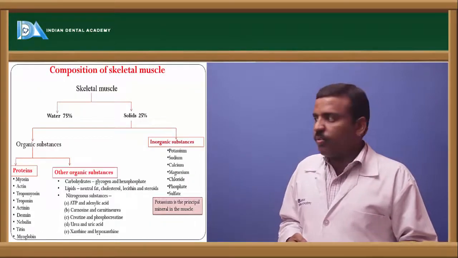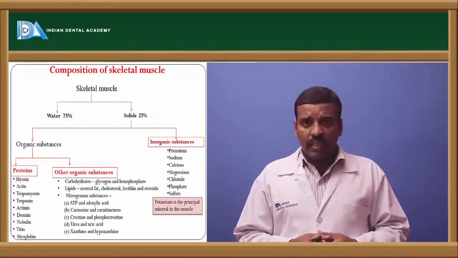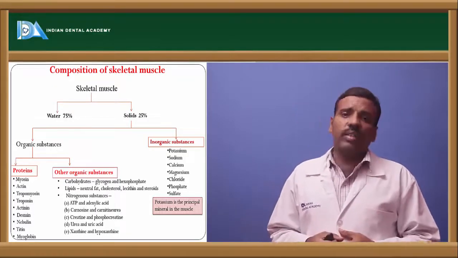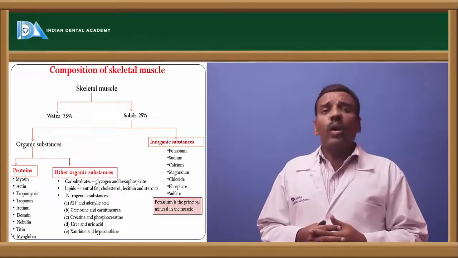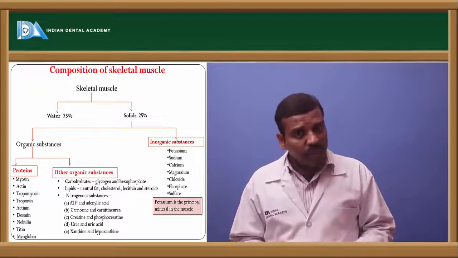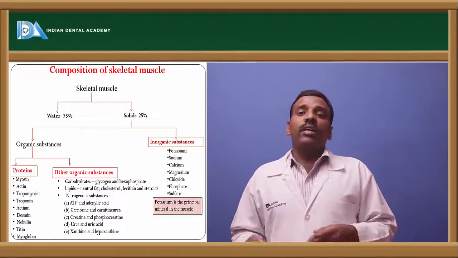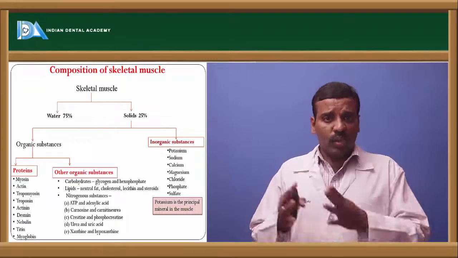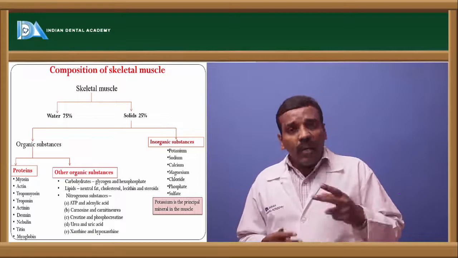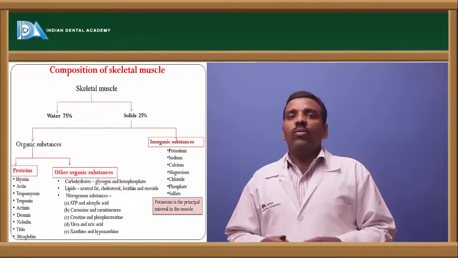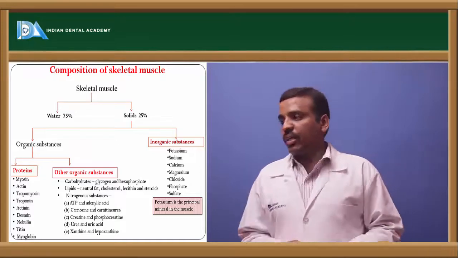Next, the composition of the skeletal muscle. There is water and solids. Water is about 75% and solids about 25%. The solids are divided into two types: organic substances and inorganic substances.